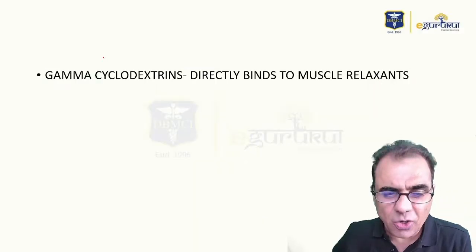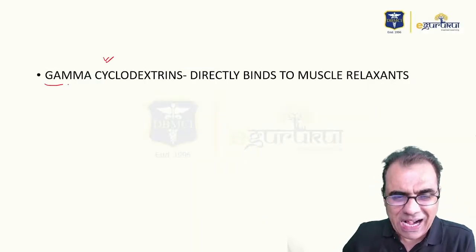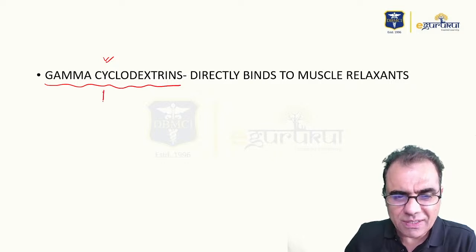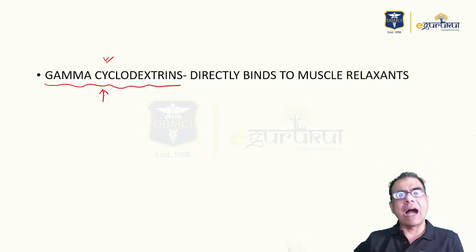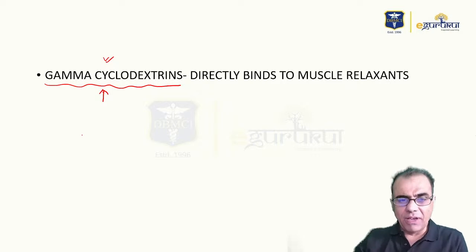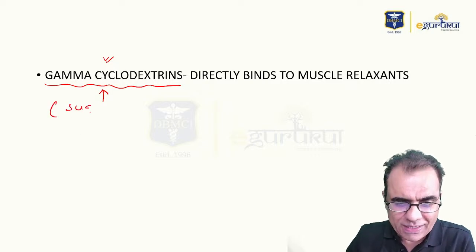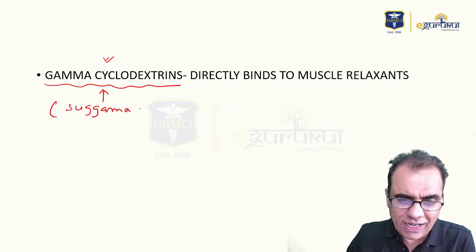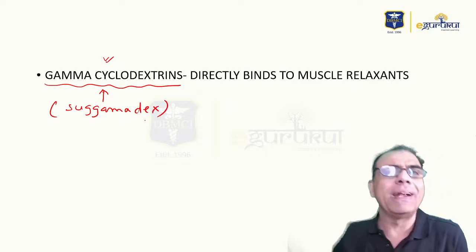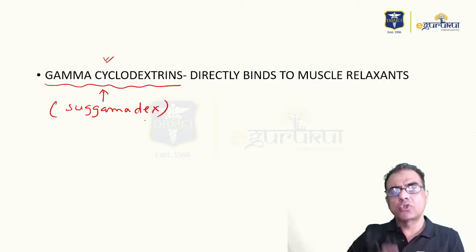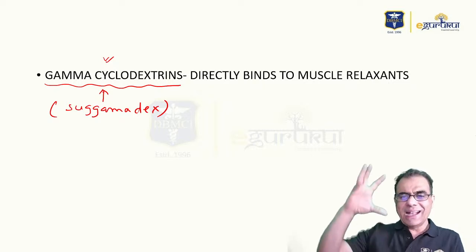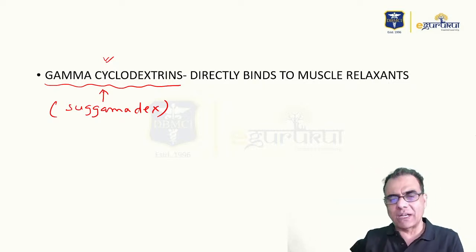The second group of reversal agents are gamma cyclodextrins, available under the brand name Sugammadex. So that is another alternative for reversal. Gamma cyclodextrins or Sugammadex directly bind to the muscle relaxant.